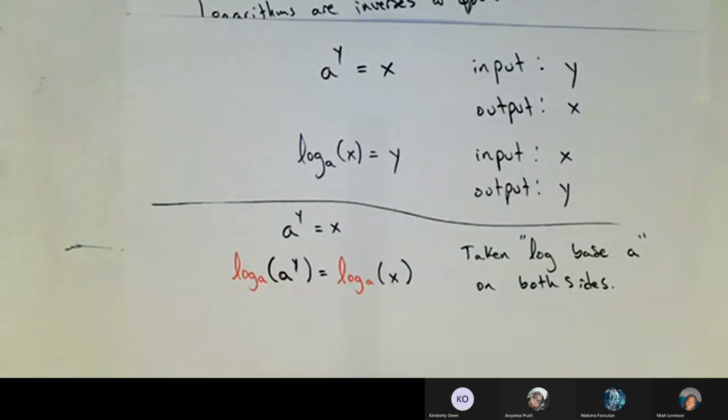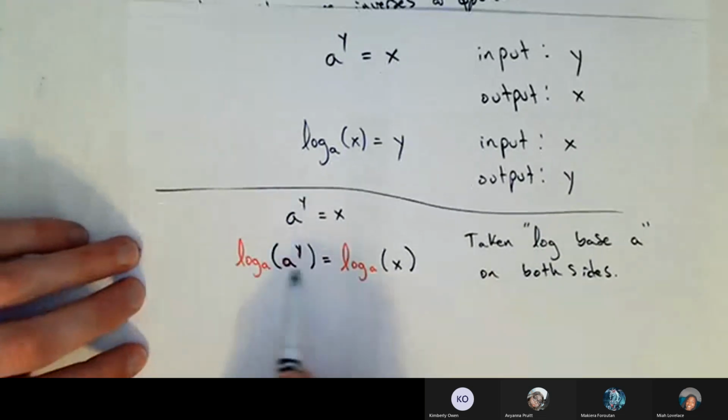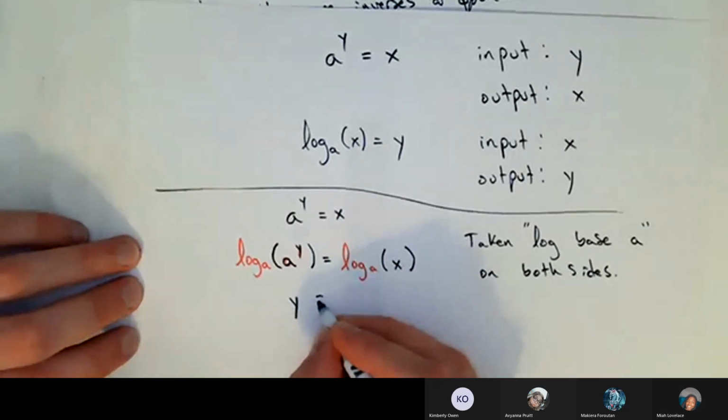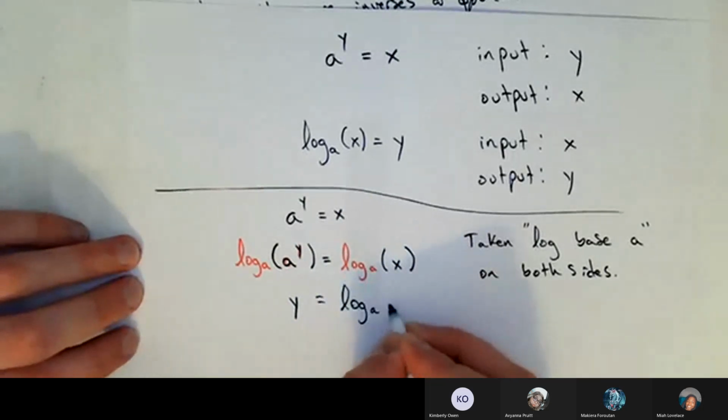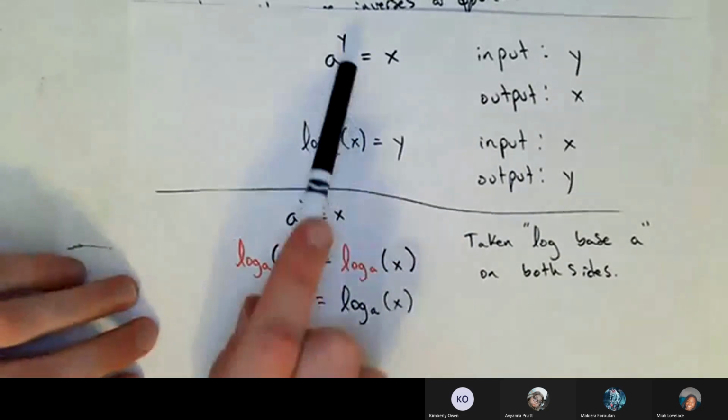So that's a log property. That's going to tell us that here, on the left-hand side, log base a with the base a exponential, they cancel each other out, and I'm just left with that exponent of y. And on the other side, I'm left with log base a of x, which is going to be some number. So it's the same thing, right?